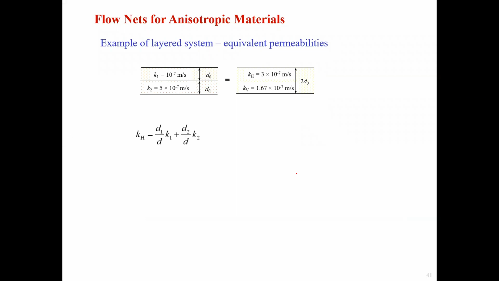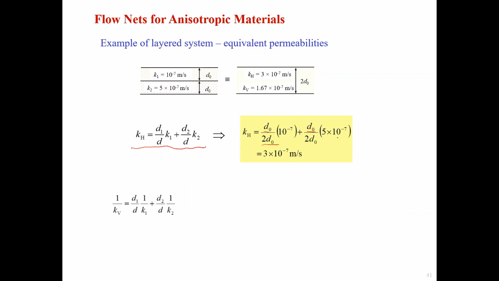Firstly, we calculate KH. We know this is the expression for KH, and we know D1 and D2, and D is the sum of D1 and D2, so that's 2D0, and we know K1 and K2. So we can easily get the value for KH, and that's the expression for KV.